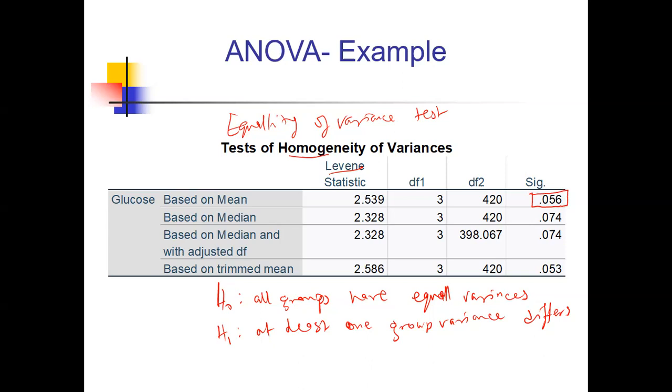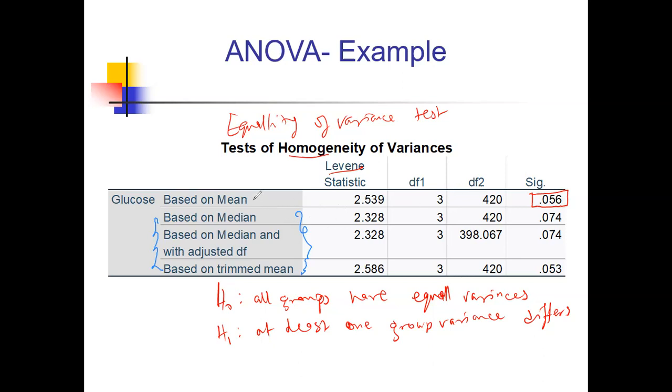This section is an addition in the new version of SPSS, so your own output might not have it, but it will definitely have the first line, and the first line is what we're interested in.